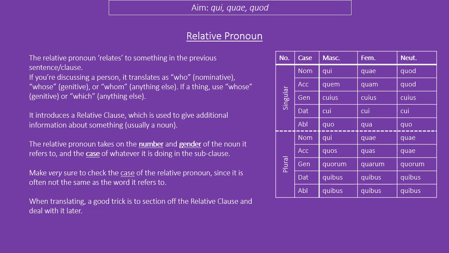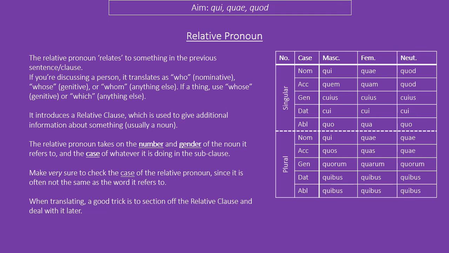So, relative pronoun as a summary. The relative pronoun relates to something in the previous sentence or clause or the main clause itself. If you're discussing a person, you translate it as either who, whose, whom, or if you're discussing a thing, you're going to use whose or which. You need to pay attention to the case of the relative pronoun.